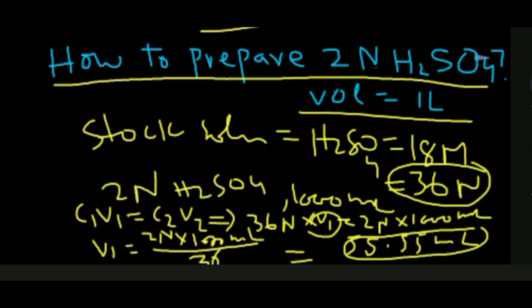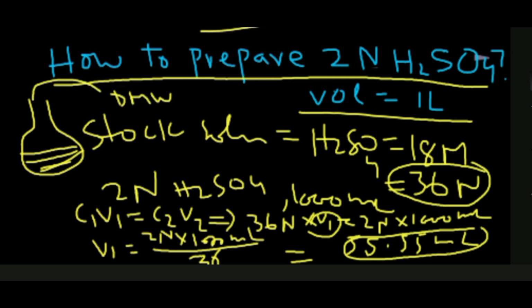Here we have a flask, and in this flask we will first add DMW, and second we will add the H2SO4, 36 normal, 55.55 ml.